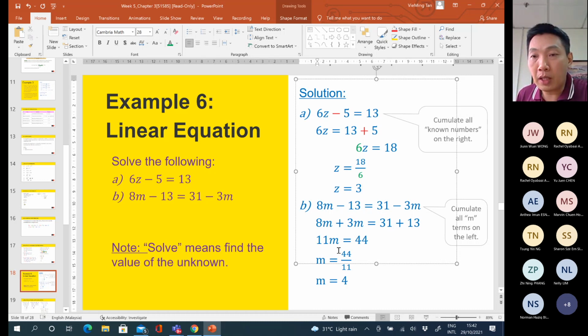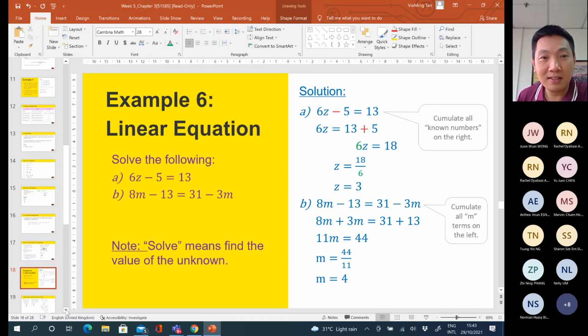So in order to get the m value, we need to move 11 to the right hand side. The relationship between 11 and m is multiplication. So if 11 moves to the other side it becomes divide, right? The sign is still positive, but now it's a denominator. Let's simplify, I get 4. So far so good. Linear equation.